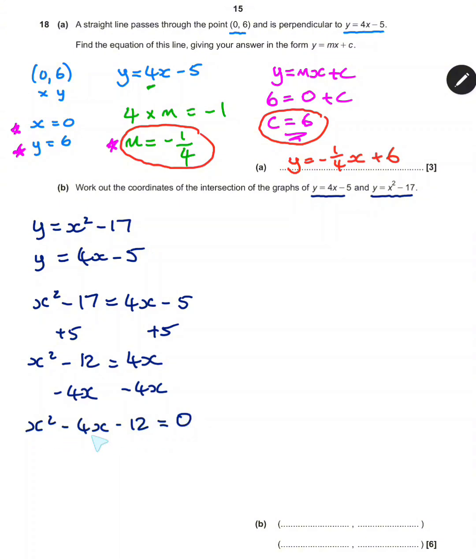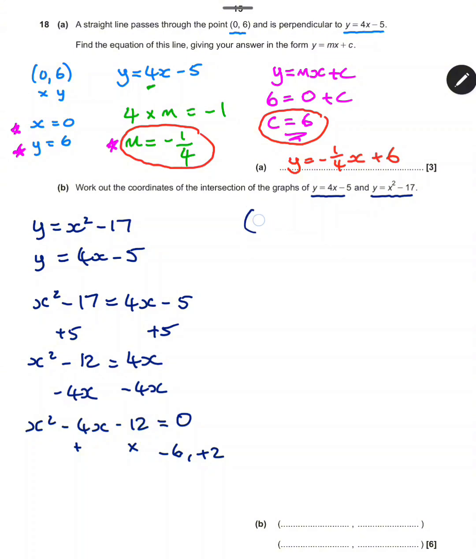When solving a quadratic, you'll always look to factorize first. So are there two numbers that add to -4 but multiply to -12? I think 2 and 6 will do that. Or more correctly, -6 and +2. They add to -4 but times to -12.